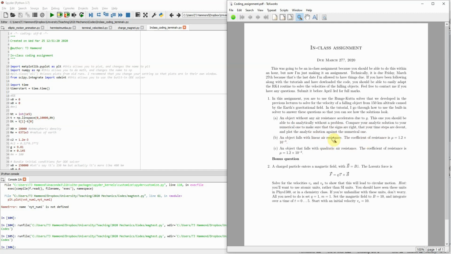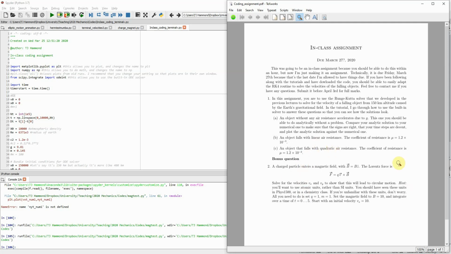And then part B, we use linear resistance, and part C, we use quadratic resistance. Parts D and E were going to be if something changes as a function of height. So one would be if gravity changes as a function of height as well, and another part would be if air resistance also changes as a function of height. But since we don't know how to do second order integration, we'll be getting to that next week.